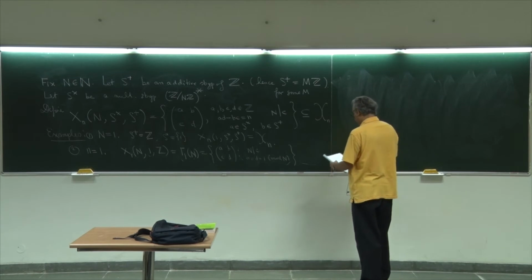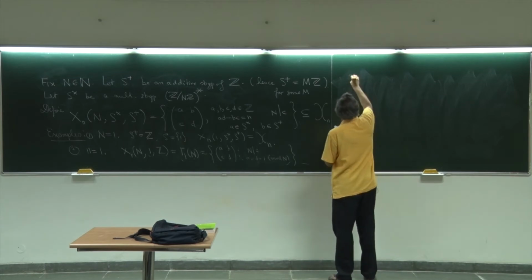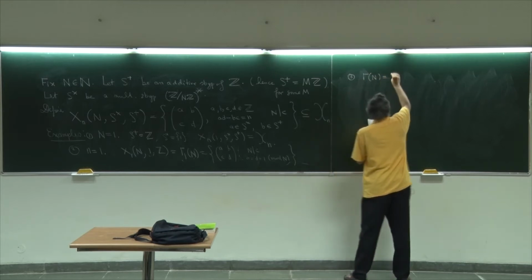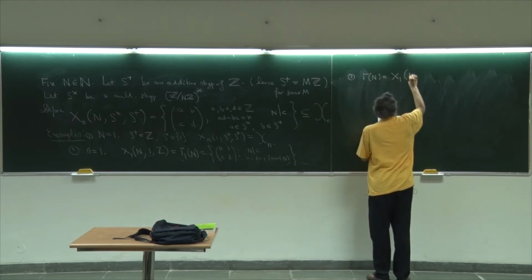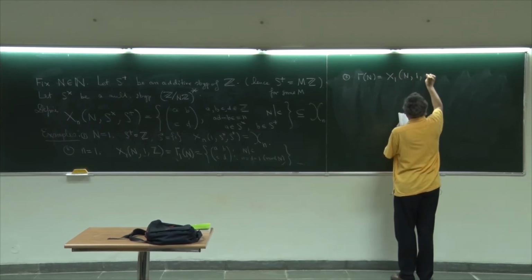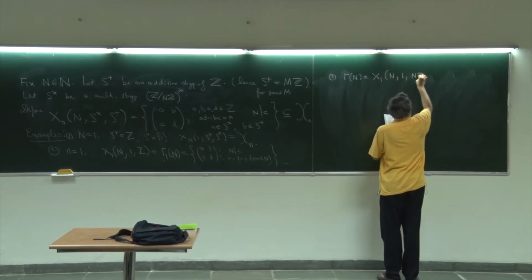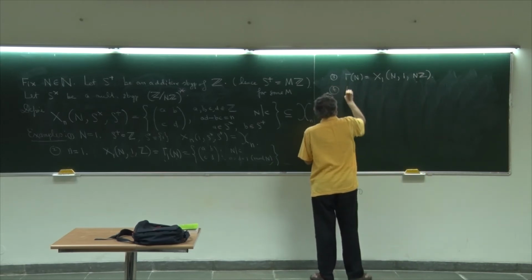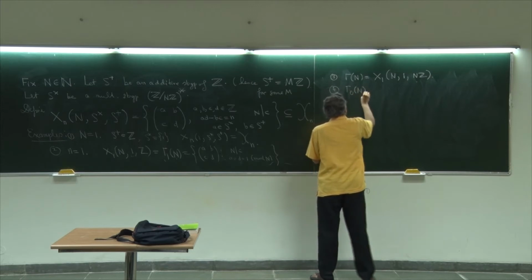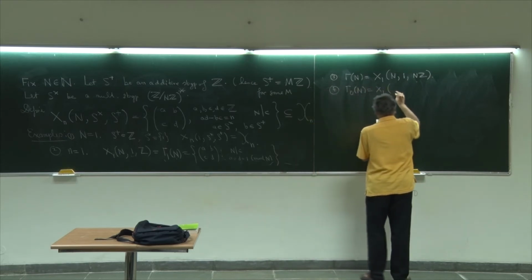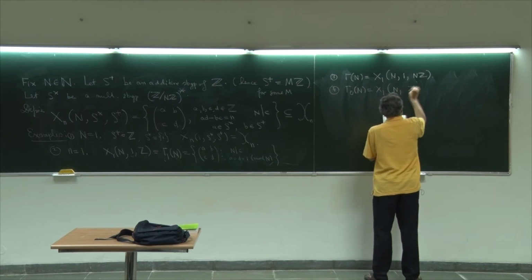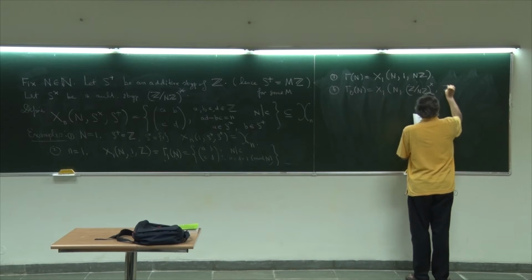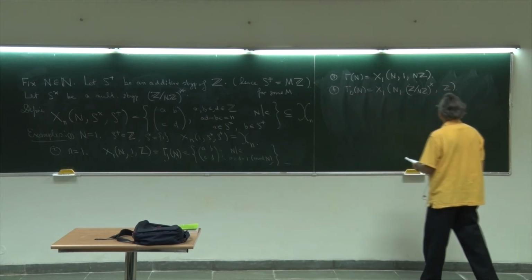Another example is Gamma(N), which can be written as X_1 of N. I'm going to leave these as exercises, and Gamma_0(N) as well.